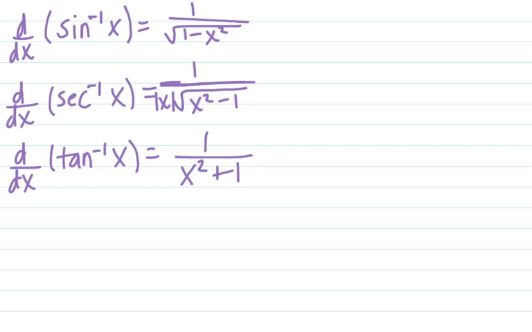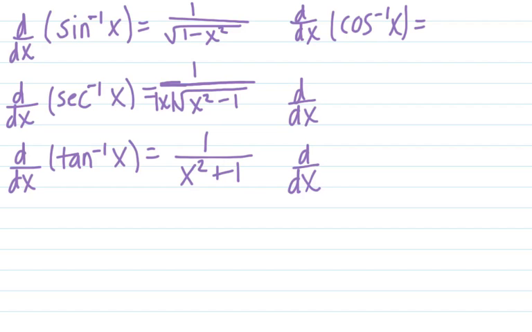And the reason you only really need to know how to derive these 3 is because, similar to derivatives of regular trig functions, the co-functions are just the negative of that derivative. Okay? Except this time it's literally just the negative of the same thing. So the derivative of the inverse of cosine x is simply negative the derivative of our inverse of sine.